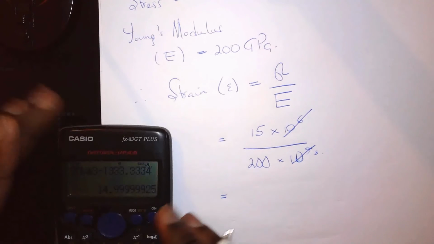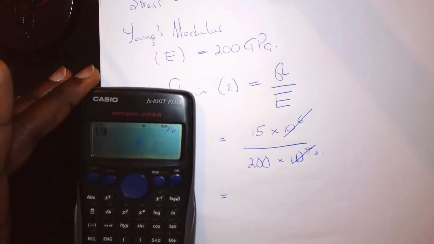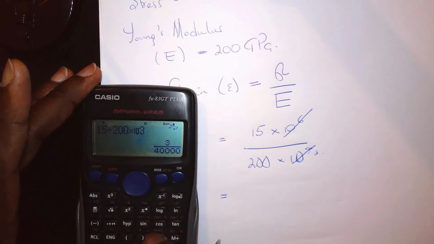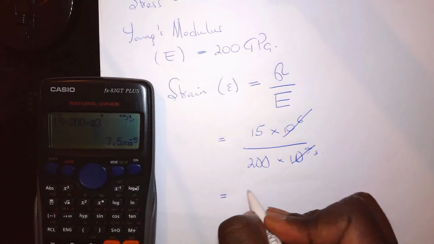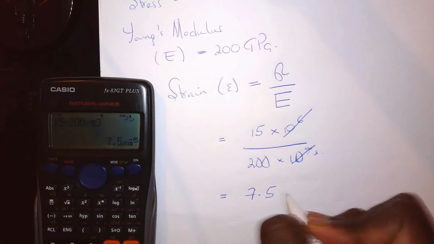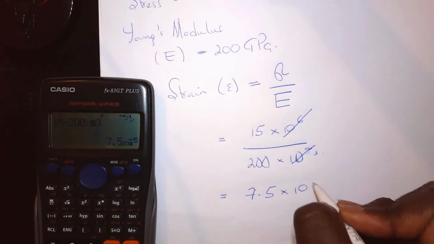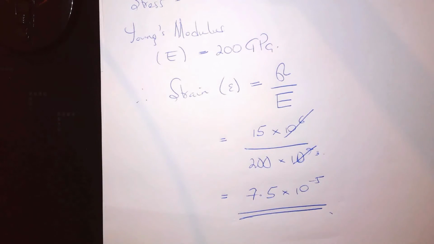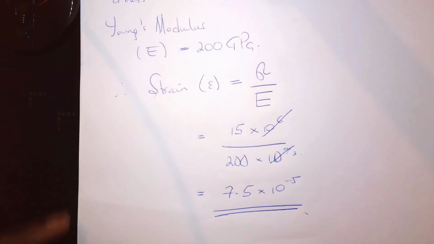So we get our calculator: 15 divided by 200 times 10 to the power 3. That gives 7.5 times 10 to the power of minus 5. So we worked out the strain. So we're almost there.